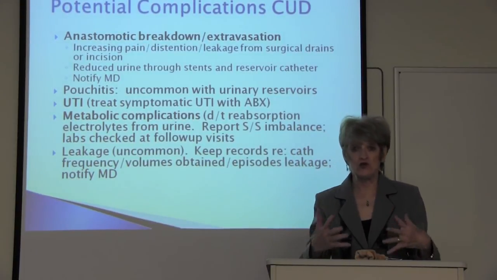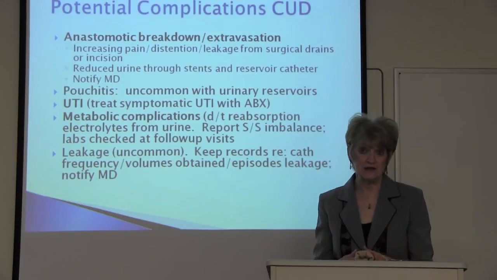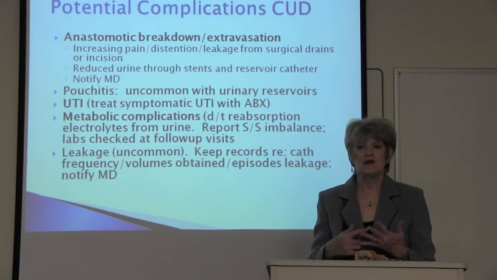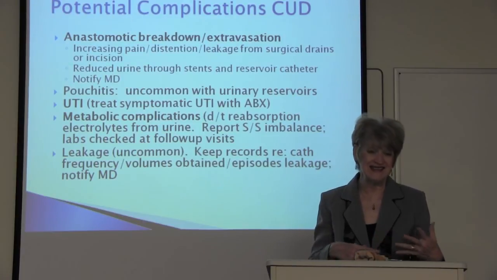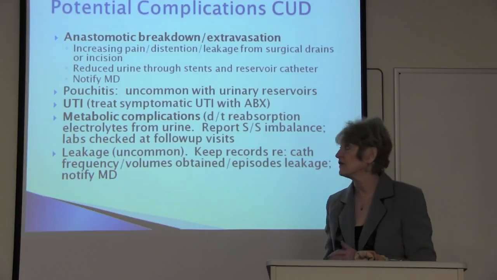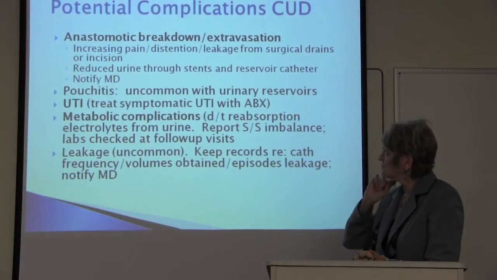They could have increasing pain, increasing abdominal distension because they're leaking urine out into the abdominal cavity. You could note increasing output through your surgical drains and through your surgical incision, and decreasing output through stents and reservoir catheter. Again, not common, but we're always on the alert.